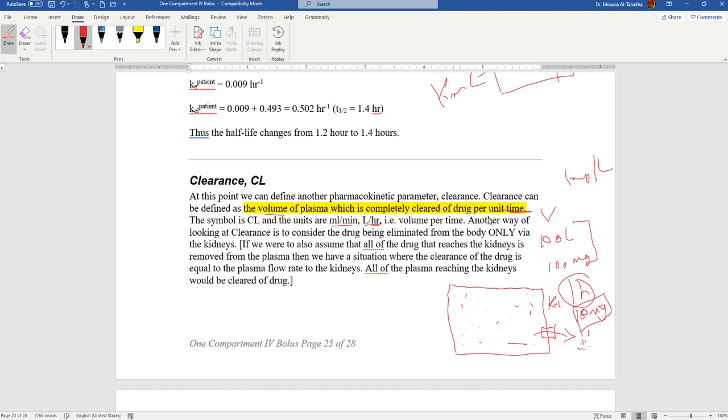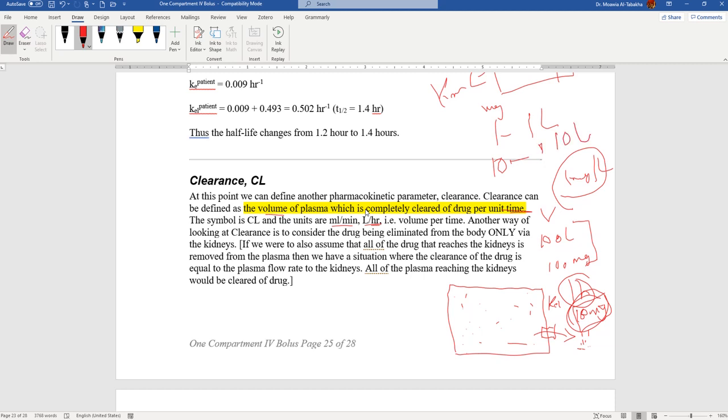Okay, 10 milligrams. That means how much of the volume here is completely cleared? If 1 milligram is in 1 liter, and after 1 hour we have 10 milligrams, then 10 milligrams will be in how many liters? In 10 liters.